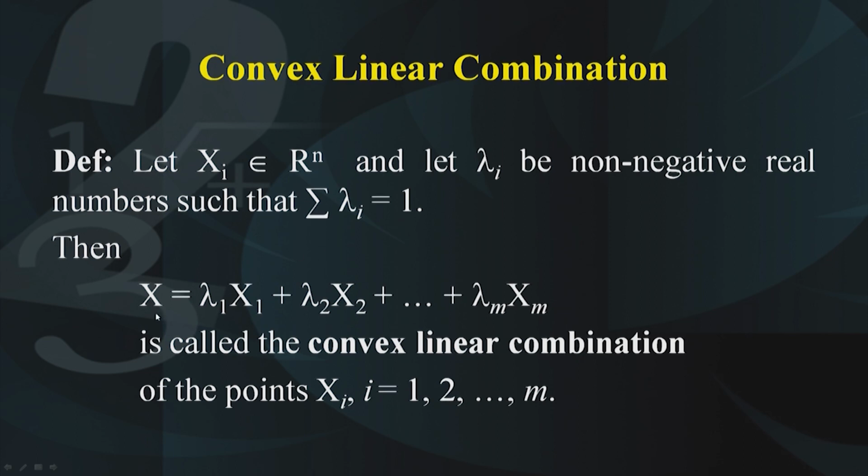Then this new point, which we will call x, given by lambda 1 x1 plus lambda 2 x2 plus up to lambda n xn, is called the convex linear combination of all the points x1, x2, x3 up to xn. So, in other words, this combination where the scalars have their sum equal to 1 is called the convex linear combination of the points x1, x2, up to xn.